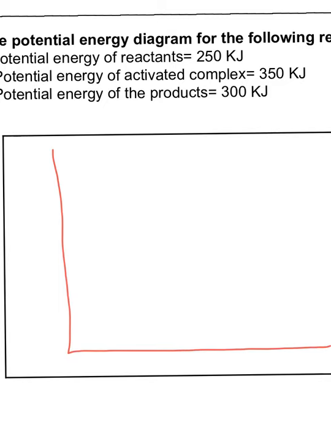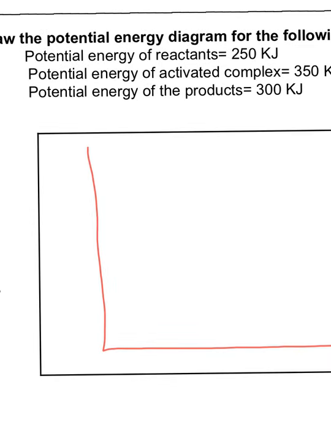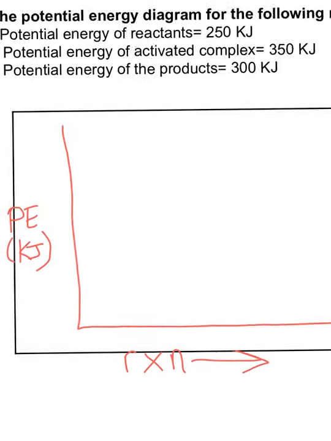Okay, and then we have our potential energy on this side of our axis over here. So I'm going to go ahead and label that. Potential energy in kilojoules. And then this axis, that's my reaction. Okay, that's the direction my reaction will go in.